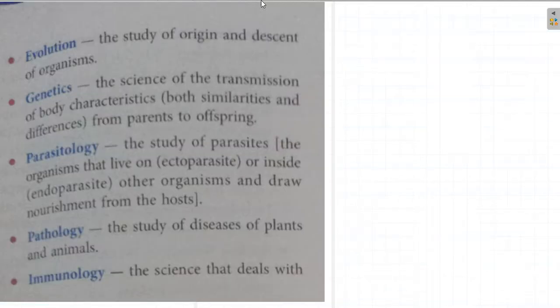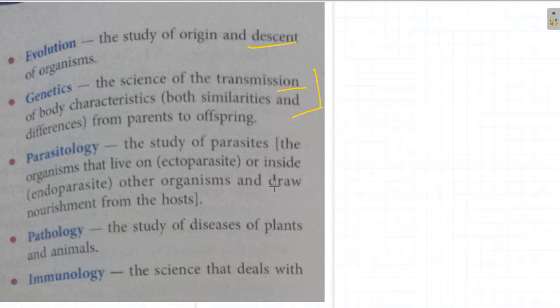Next is evolution. As you already know, study of origin and descent of organisms is called evolution, right. Next, related to evolution, is genetics, the science of transmission of body characters like both similarity and differences from parents to the offspring is called genetics, that is from previous generation to the next generation.